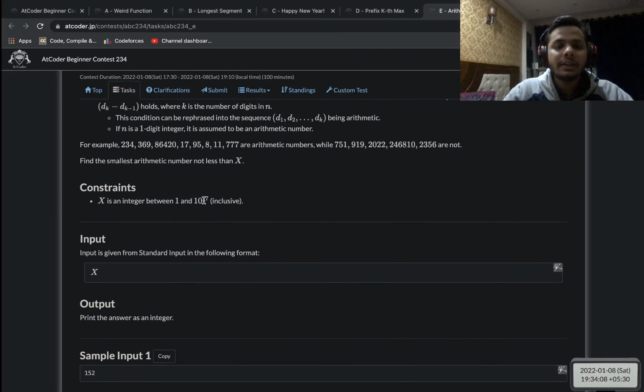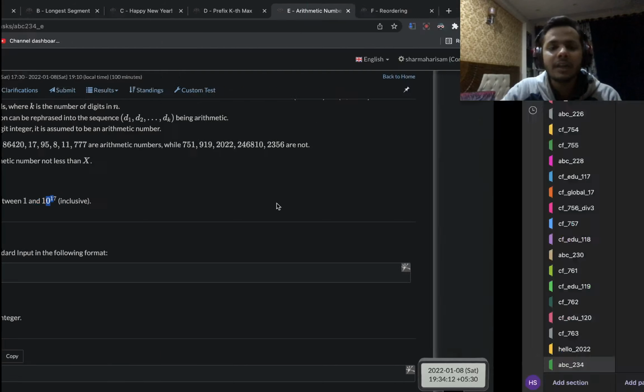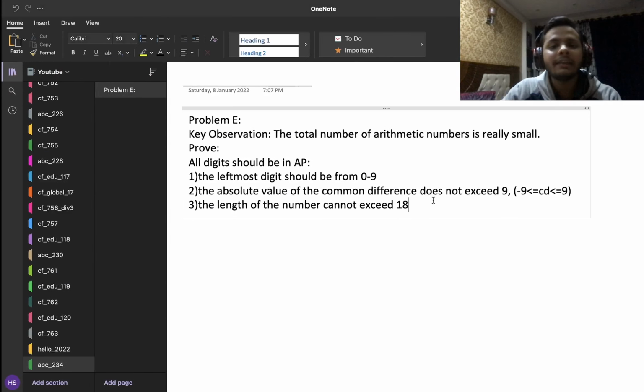According to the constraints, x is up to 10 raised to power 17, and 10 raised to power 17 has exactly 18 digits, so the length of our AP can never exceed 18. So if we want an upper bound, it can be obtained like this. From the first condition we have 10 values, from the second condition around 19 values, from -9 to 9, and from the third condition we have 18 values.